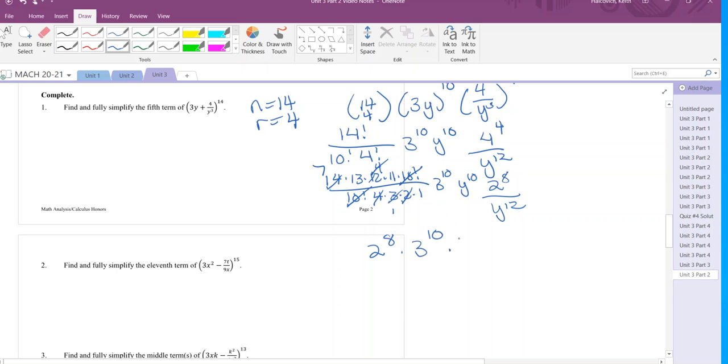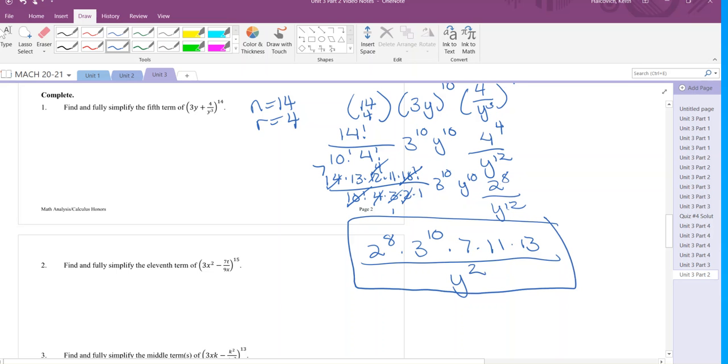I have 7, I have 11, and I have 13. And then for the variables, notice the y to the 10th over y to the 12th gives me over y squared. And that is the 5th term of this binomial, 3y plus 4 over 3y to the 14th, or 4 over y to the 3rd.